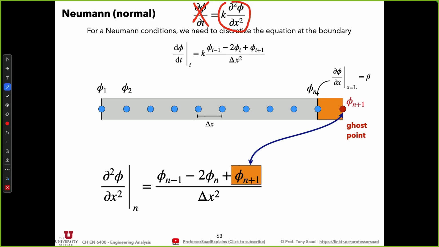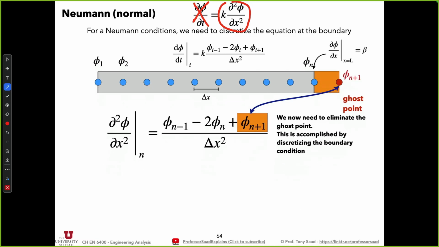It essentially extends outside of the domain. But we're going to keep that for a minute, just temporarily, and we're going to eliminate it using the information from the Neumann condition, like we did with the linear system of equations. To do that, we discretize the boundary condition itself at the boundary, and we will also use a central scheme to be consistent with the order. Everything is done as a central discretization, so why not continue a central discretization on the Neumann condition.